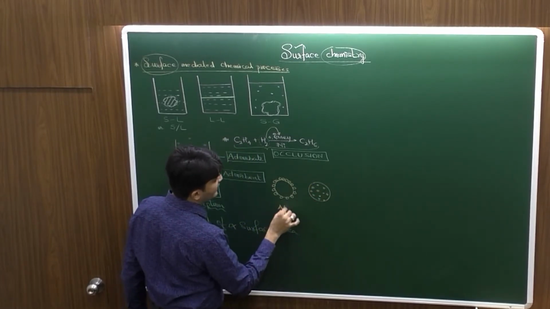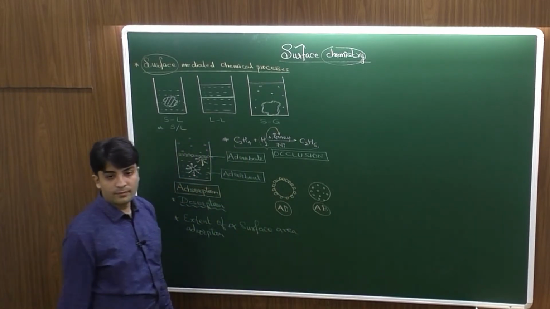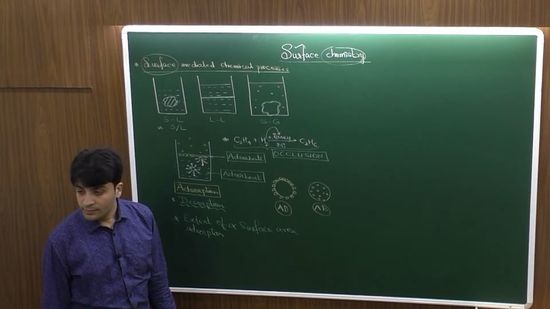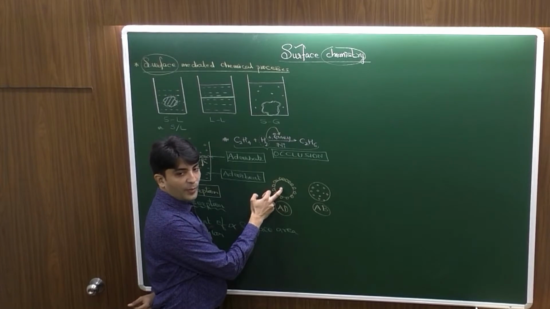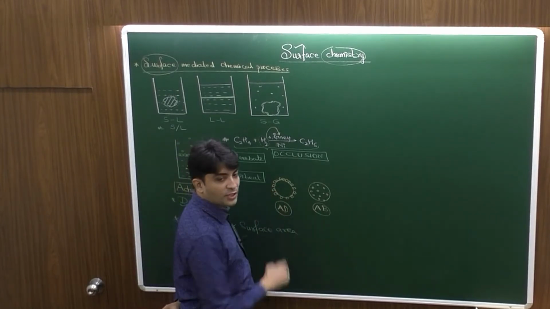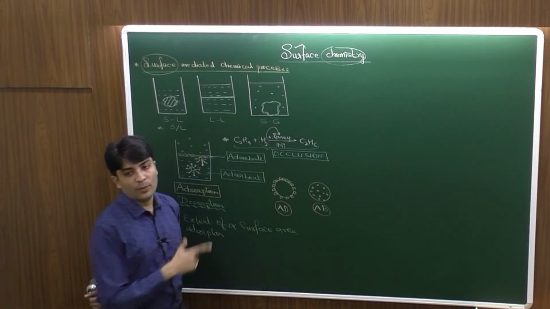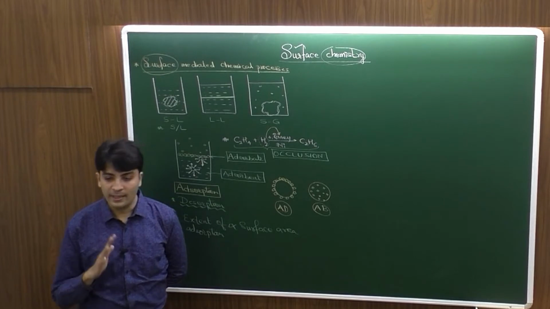So this is adsorption and this is absorption. Understood? Clear? So we say adsorption is a surface phenomenon because the molecules are retained on the surface. Absorption is a bulk phenomenon because the molecules penetrate inside the bulk.